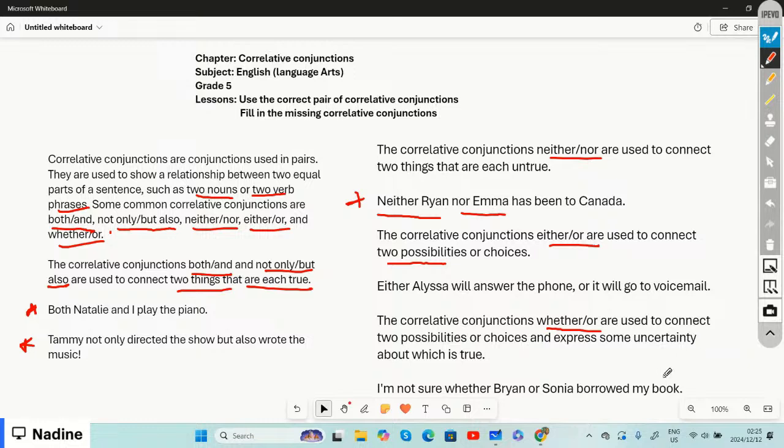All right. And here we have neither nor, so it's not this one, and it's also not the other one.